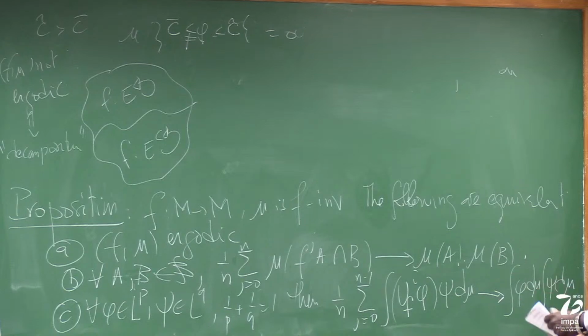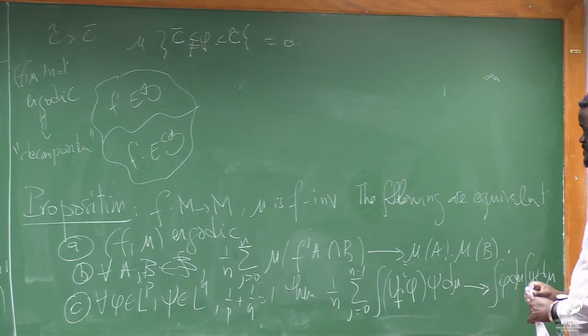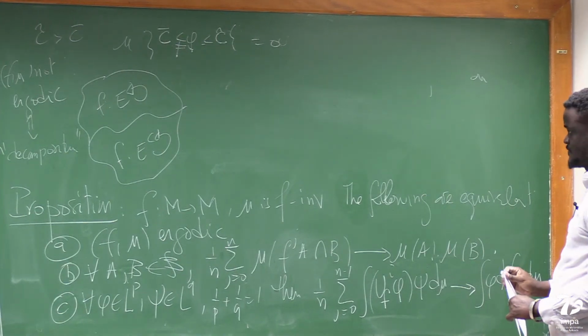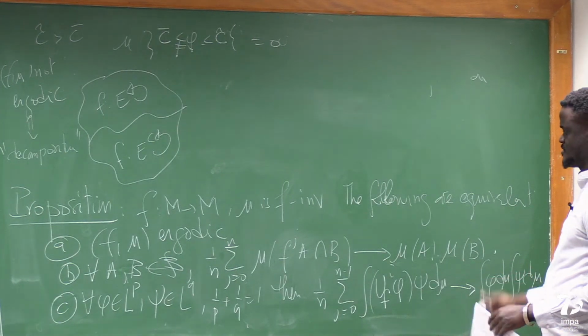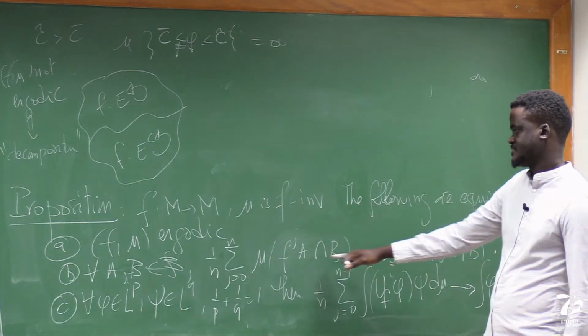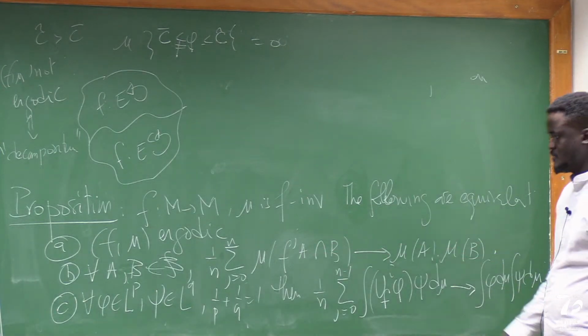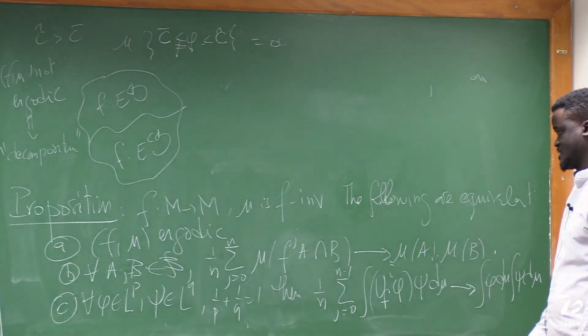These are also some statistical properties that you derive from ergodicity, because if you are familiar with probability, this is a type of saying independence of these two events, being in A or being in B, with respect to this dynamics.